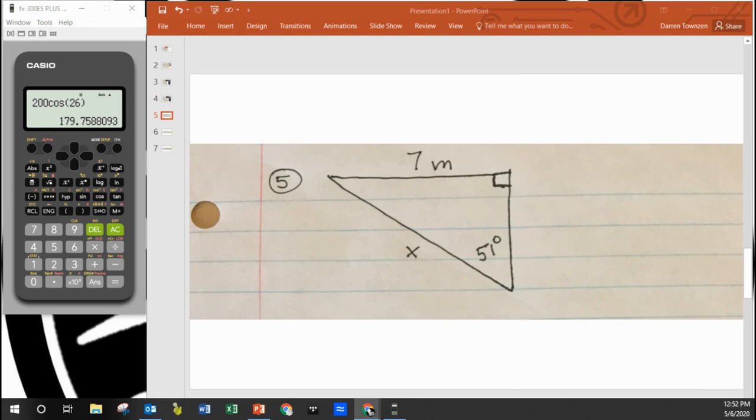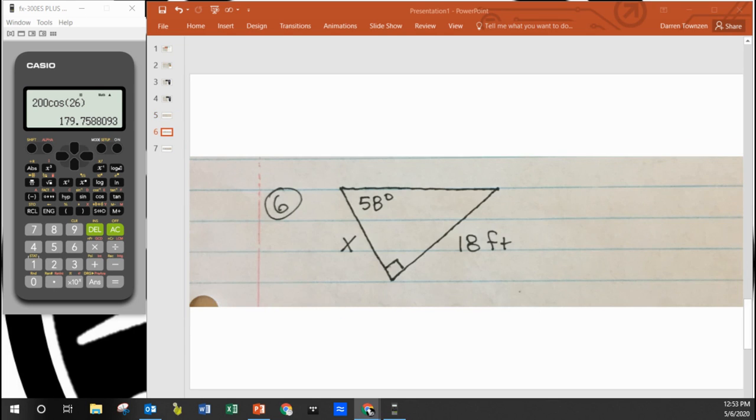All right, here's your first problem that you're going to do yourself. You have a 51-degree right triangle, and you have an x on the hypotenuse. You need to find the equation, and you need to find the answer. On this problem, you have a 58-degree right triangle, and you need to find this side here with the x.